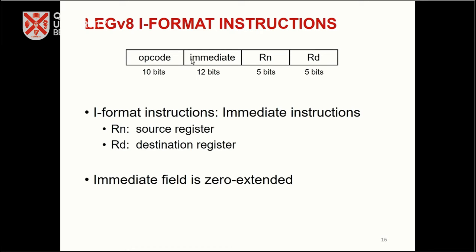So here we put the immediate value, the 4, the 5, or whatever we are adding. And again, here we only have one register as input argument, because the second input argument is an immediate value. So we have register N, and then again register destination.